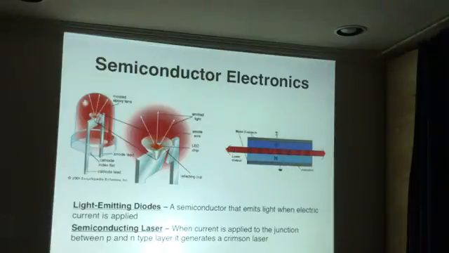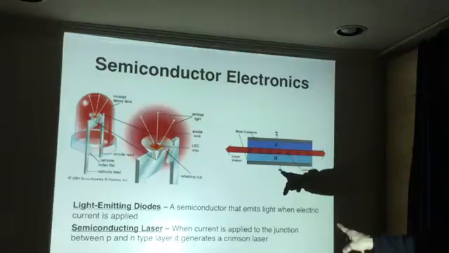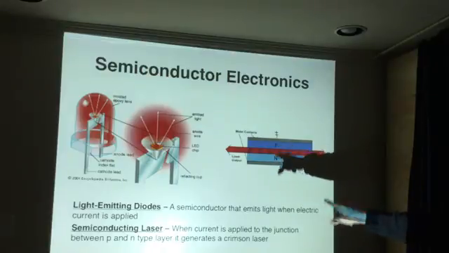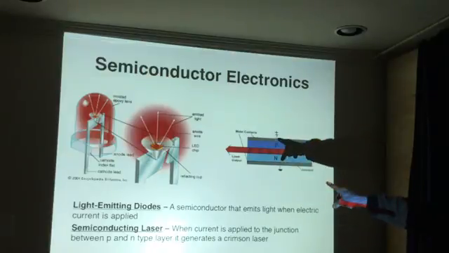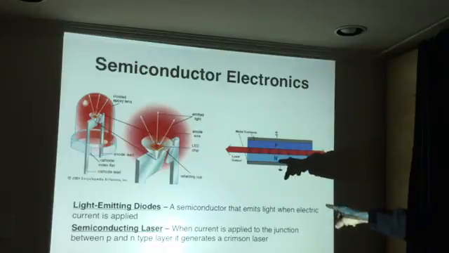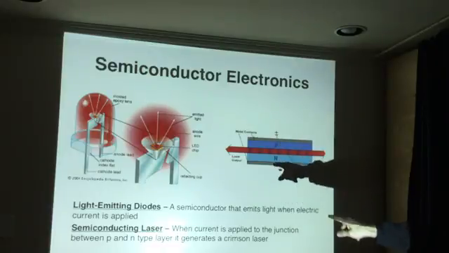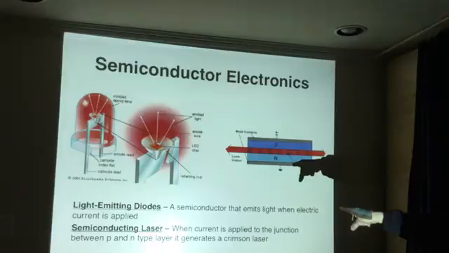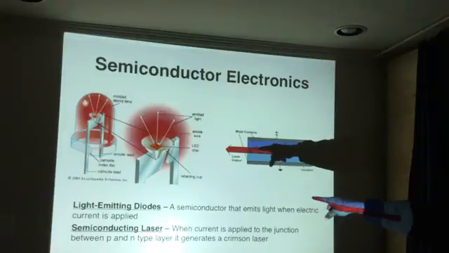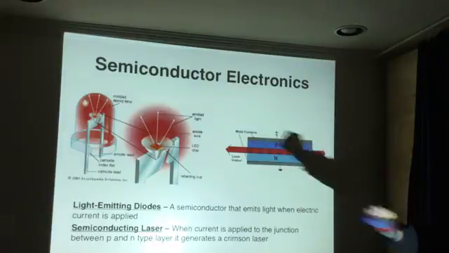And so this is what that looks like. You have, again, current, and the current is flowing in this direction from N to P, from negative to positive. And in certain constructions, when you do that, there's the production of crimson laser light.